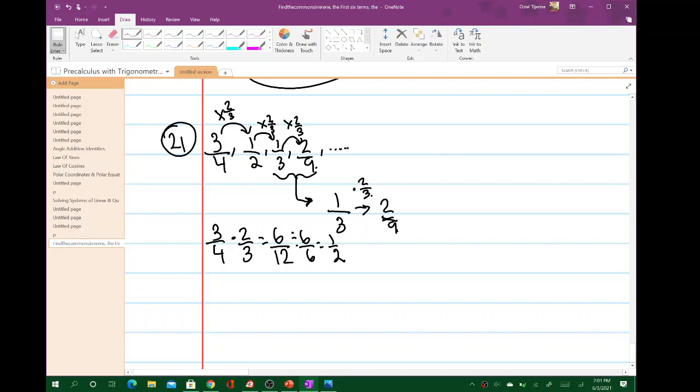Now we don't need to know if this sequence converges or diverges. That is something else, and if you guys want me to go over it, I will.